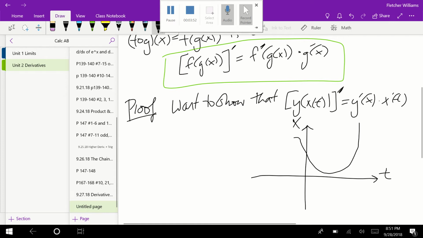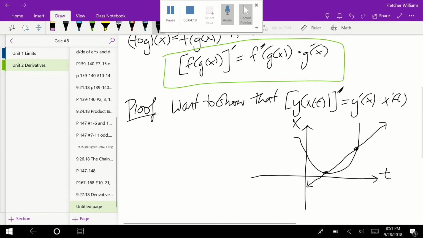And so if you remember, what we did is we started with one point on the curve, drew another point, drew the secant line between the 2 points, and we thought about how if we took the second point and started moving it closer and closer to the first, we would get the derivative.